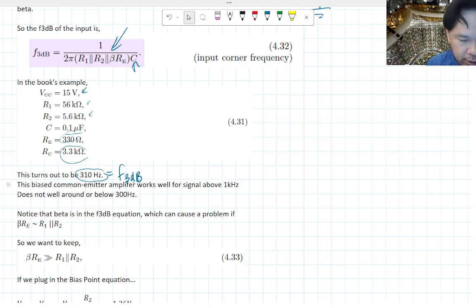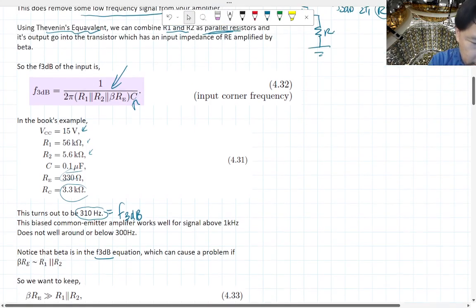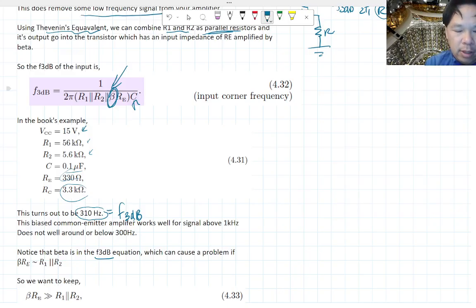Notice that in this F3 dB equation it has this beta value in it, which can cause a problem, because we should not count on beta being a constant. As you run the transistor, beta actually changes because the transistor will heat up.